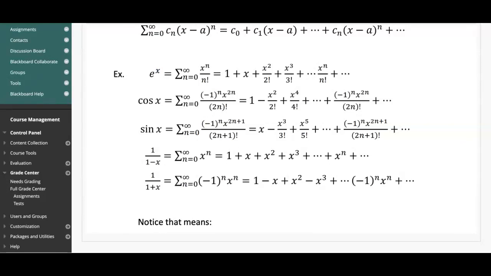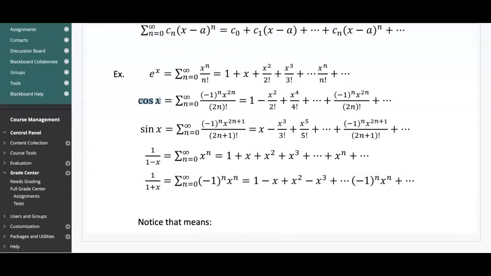X is just in general, right? This x is a placeholder. But we have this kind of form. We start with a 1, then x over 1 factorial, x squared over 2 factorial, and so on and so forth. But again, this x can be any expression.